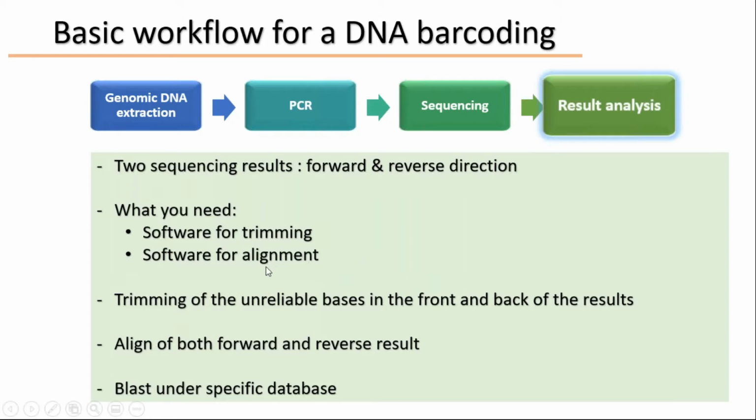After alignment of the forward and reverse sequences, you should obtain a full sequence of your conserved gene. Then you can use that sequence to BLAST against a specific database, so that you can compare and know the similarity of the sequence of your sample to the sequences in the database.